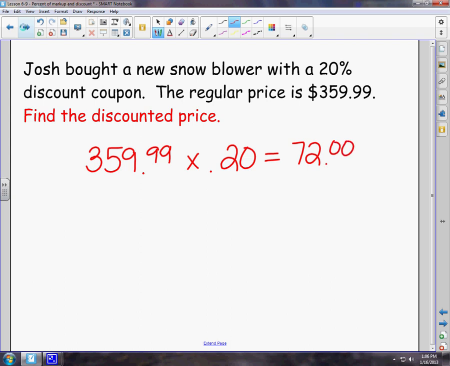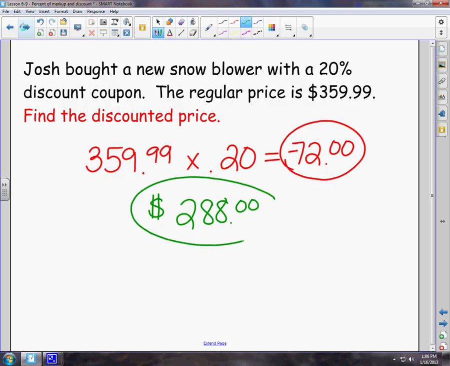If I want the discounted price, this is how much I'm getting off, so I minus that: $359.99 minus $72. The price I'm going to pay at the register is $288, or $287.99 if I don't round it. Gotta save that penny.